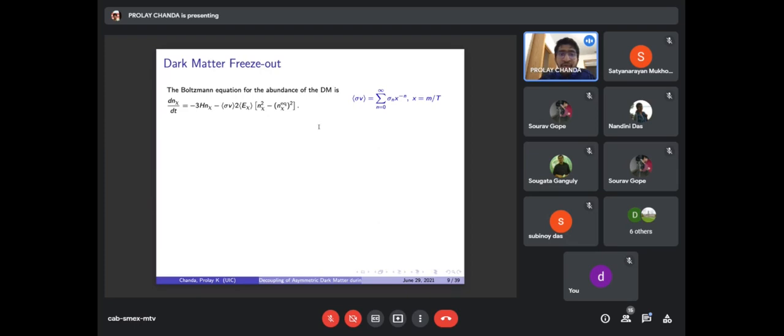So what we do is expand the thermal average cross section in powers of velocity, and then replace the velocity with temperature, and then we can write sigma v as a sum of some coefficients times x to the minus n, where x is the scaled temperature, which is mass over temperature.